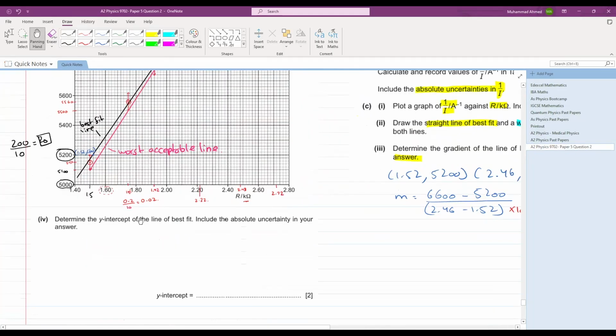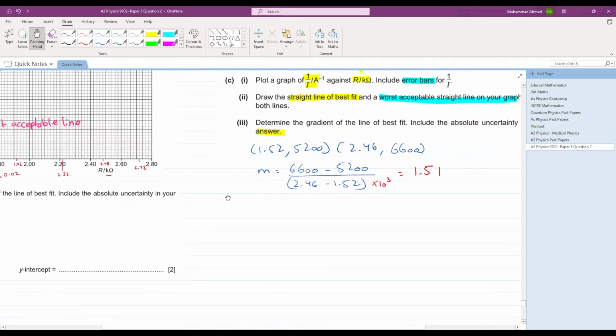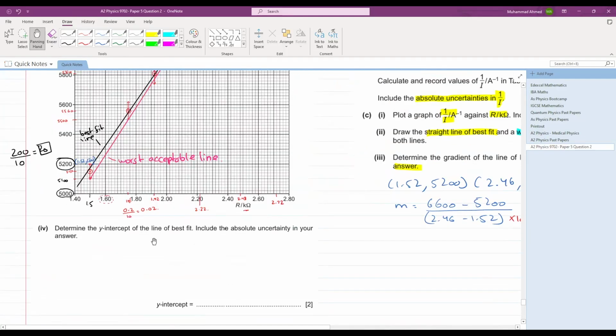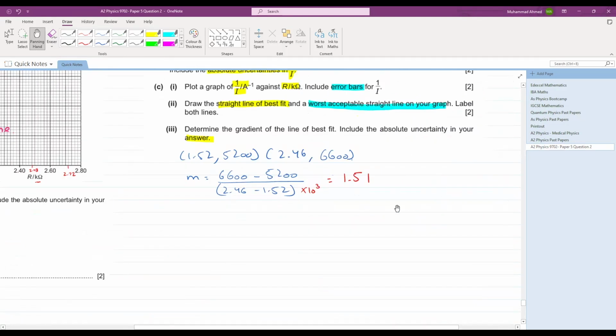If your raw data has the least number of significant figures as 3, your calculated value, that is the gradient, will also have 3 significant figures, or you can write the value to 4 significant figures. There is no harm in that.